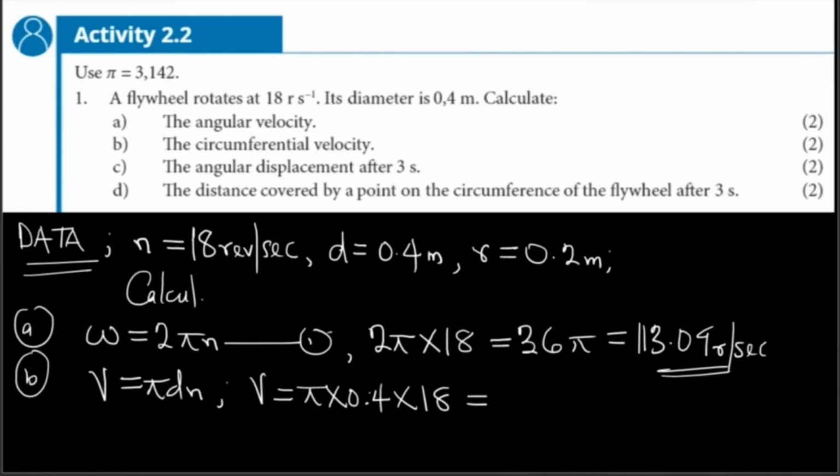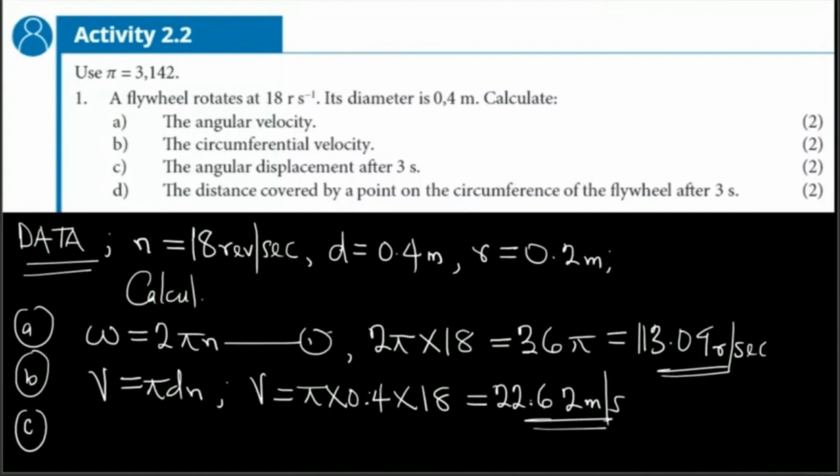That gives me 22.619, which is 22.62 meters per second. Remember, this is circumferential, so it has to be meters per second.